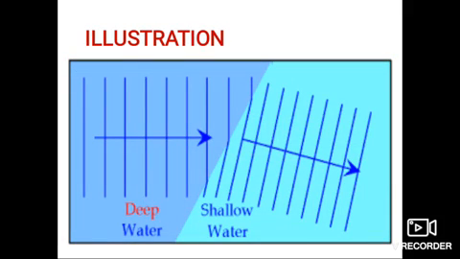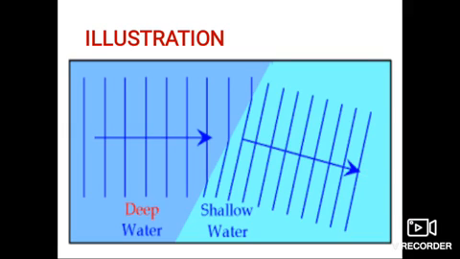For example, the illustration is here. This is deep water and this is shallow water. Remember, deep water is denser than shallow water. So when these waves move in the deep water, they move in this direction. And as they reach the shallow water, they travel in this direction.